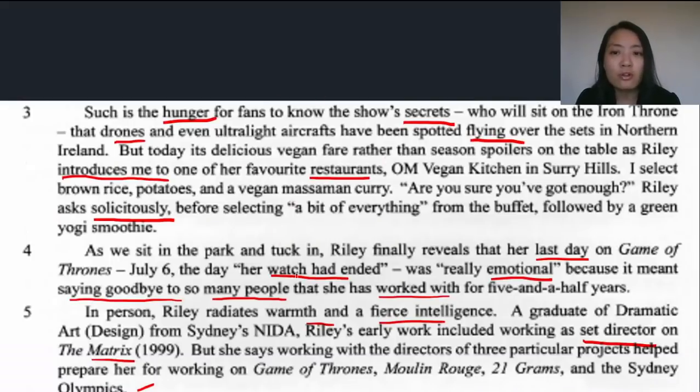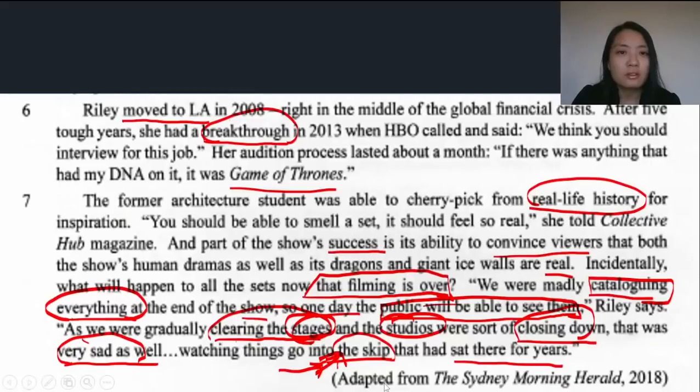They ate at a restaurant, and then her watch has ended, and then she was a graduate from this place, and when she works with all these directors, it helped her to prepare. And then it says also what happened. She had a breakthrough, and then she was interviewed, and then she got this job, and then how it was successful.